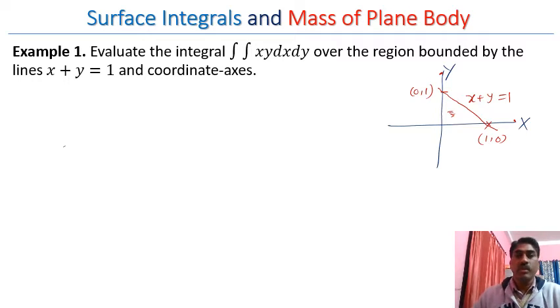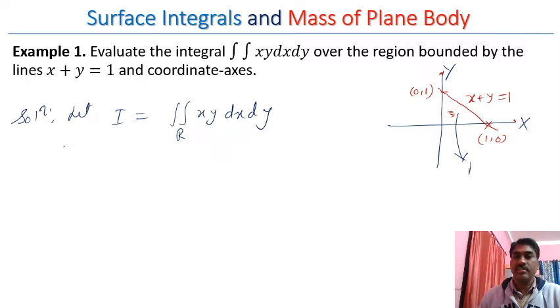So we have to integrate xy over this region, and this region is a triangular region. Let us start to evaluate this integral. Let I be equal to the double integral over the region R of xy dx dy, where R is this region.